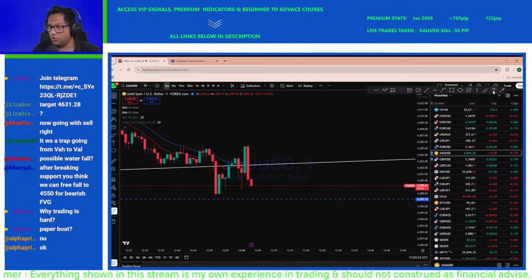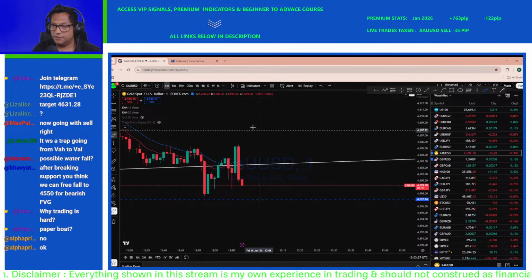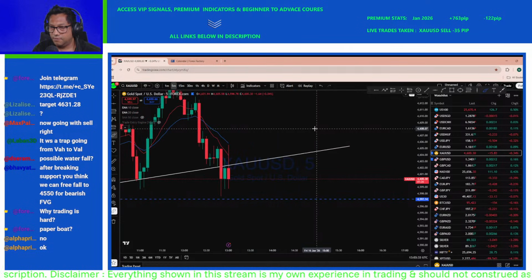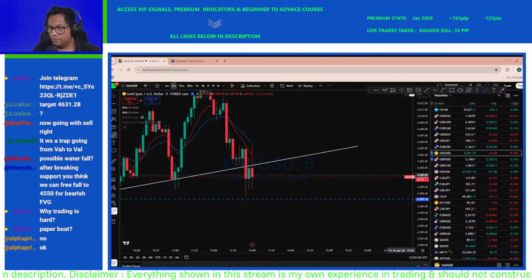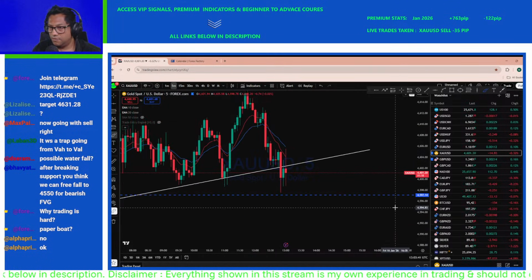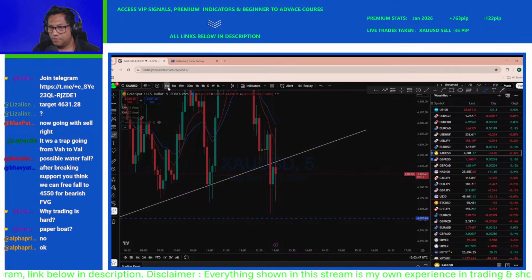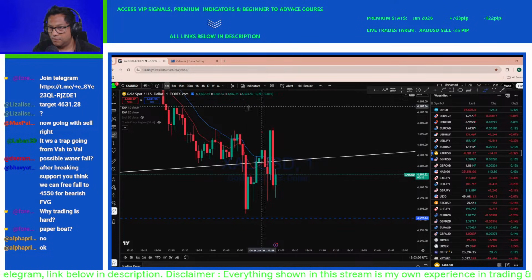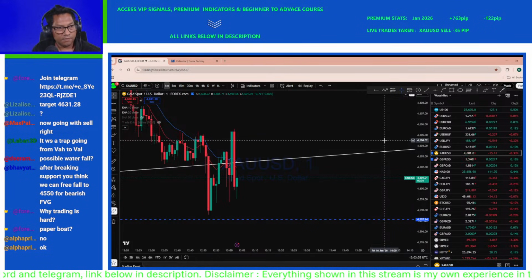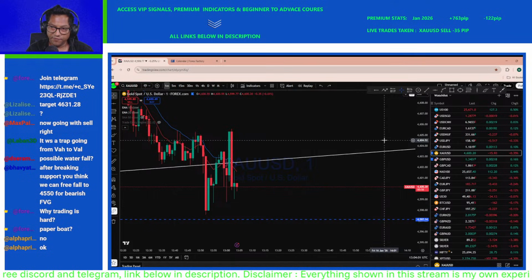You see, this is a false breakout again, which has potentially given new momentum. Okay, so narrower candlestick patterns, quite a few.